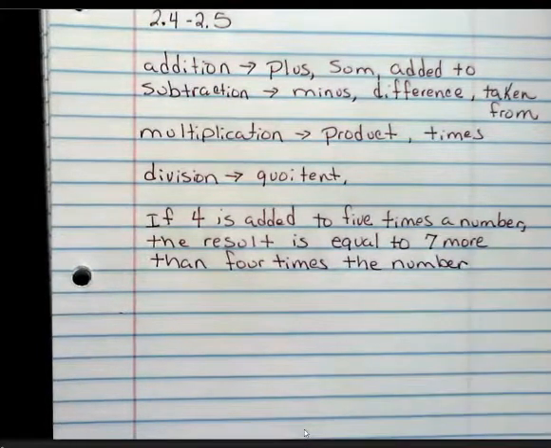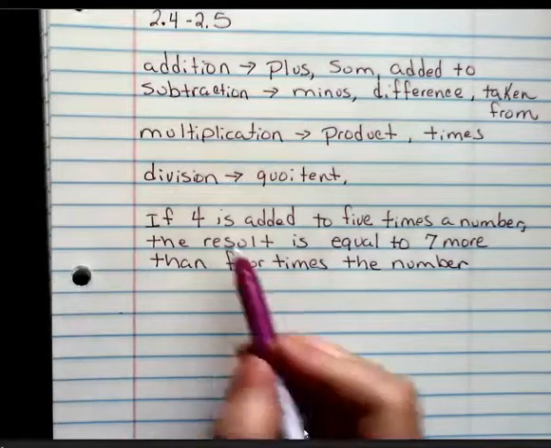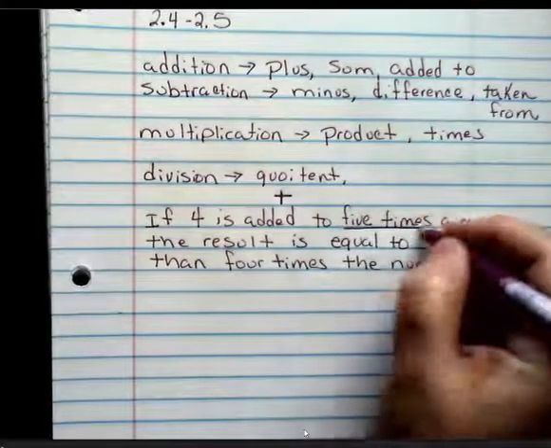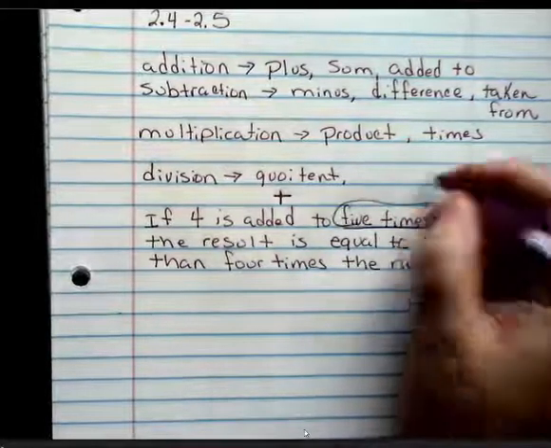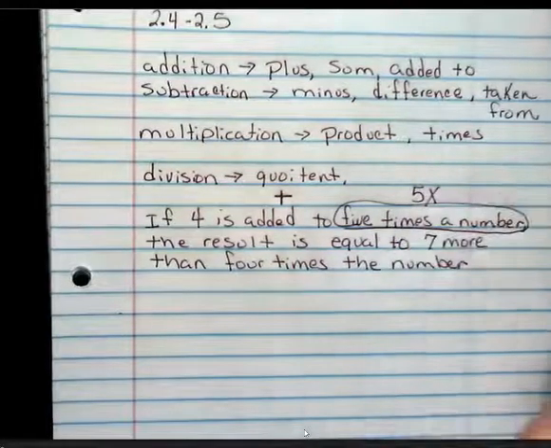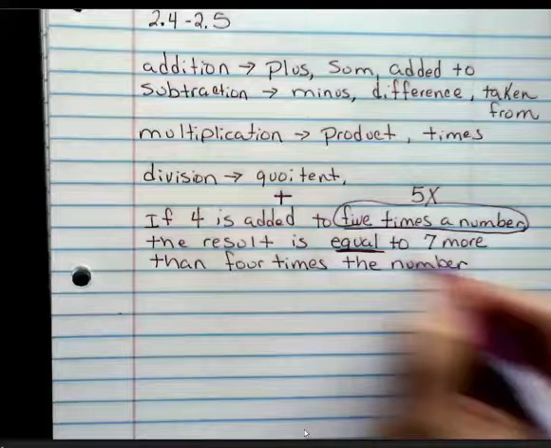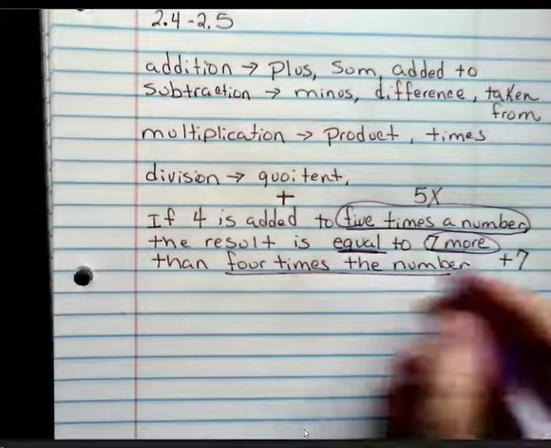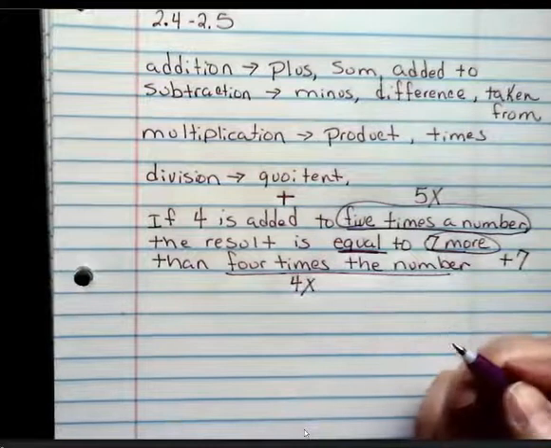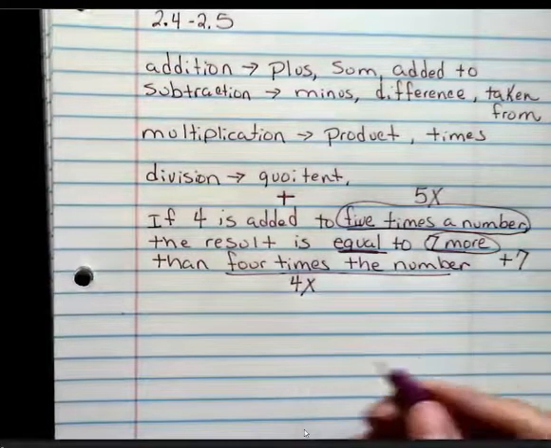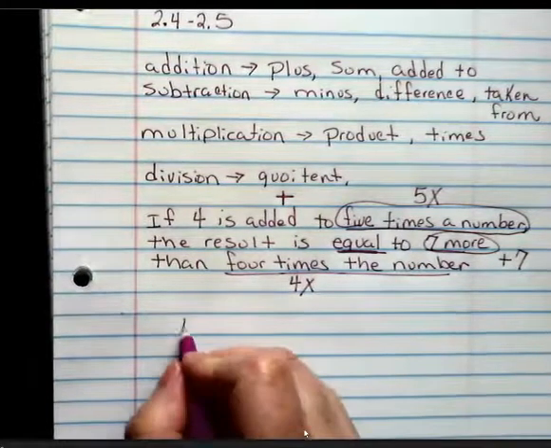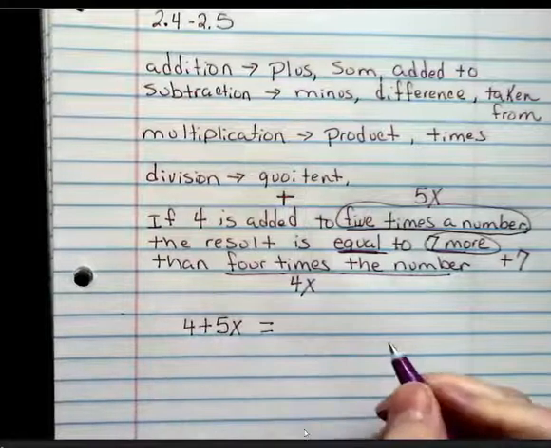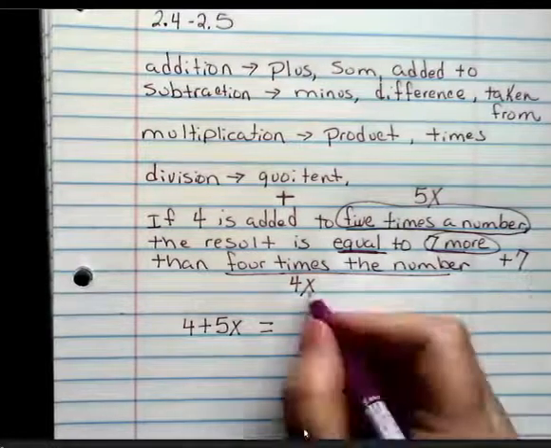Okay, so 4 is added to 5 times the number. The result is equal to 7 more than 4 times the number.